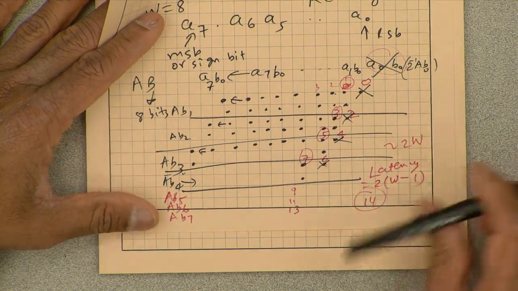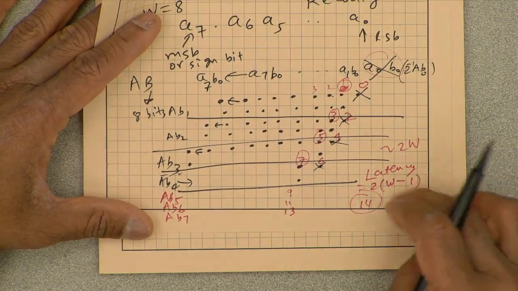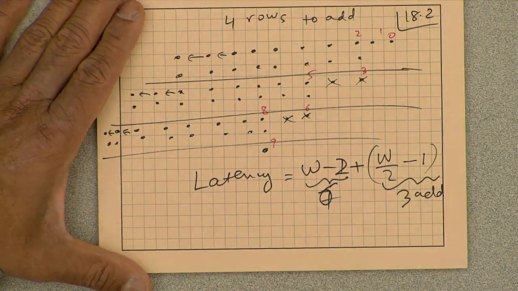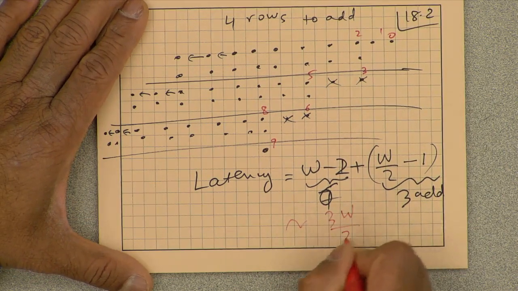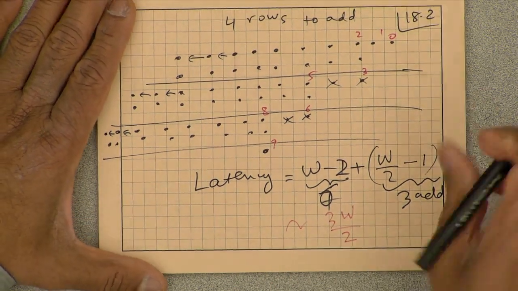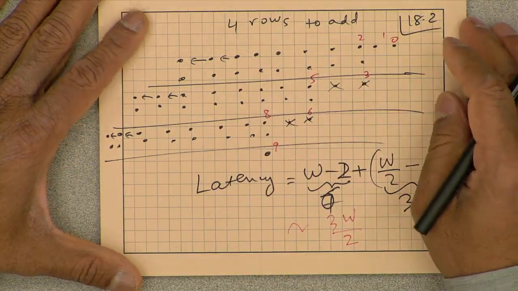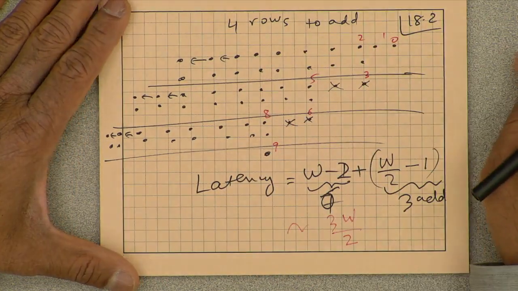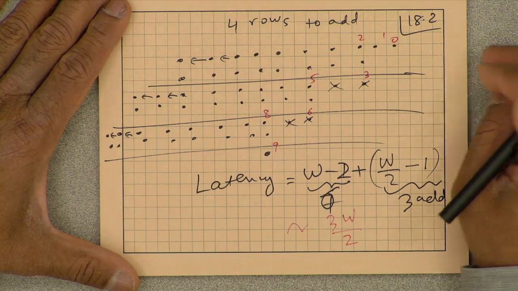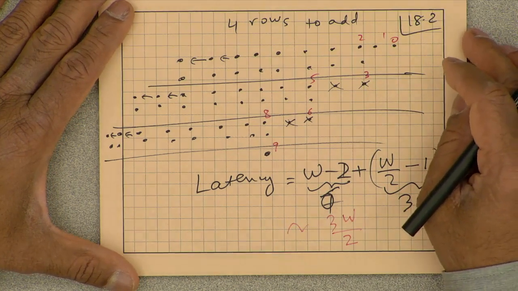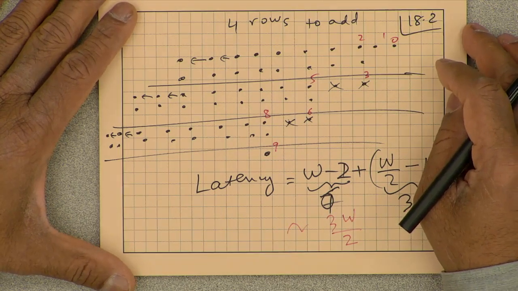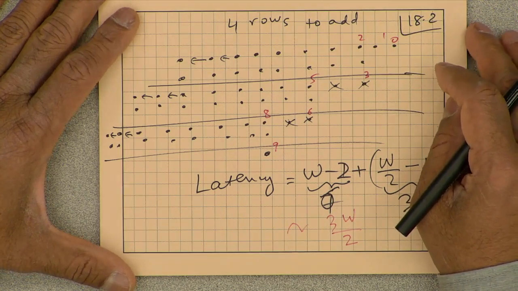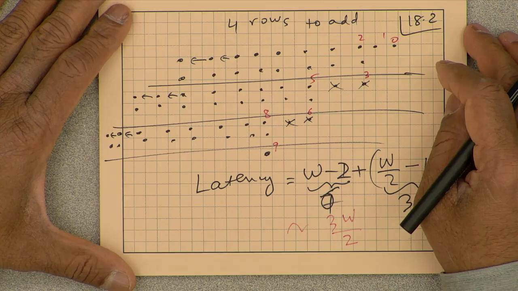Think of W as a big number, so don't bother about the constant. That's about 2W, and this is about 3W by 2. The main advantage, and we'll talk about how we get to reducing the number of rows to add from 8 to 4, is that modified Booth recoding reduces the number of rows to add from W to W by 2.